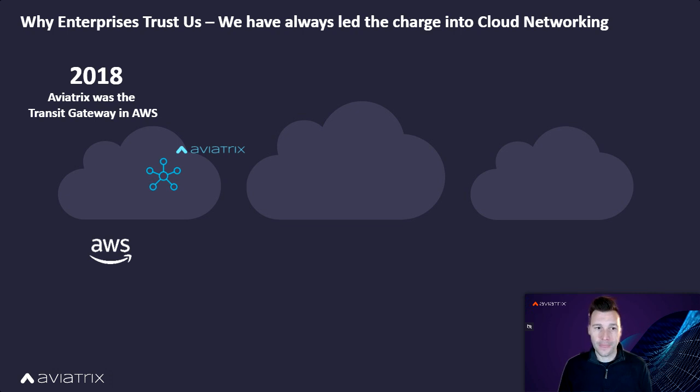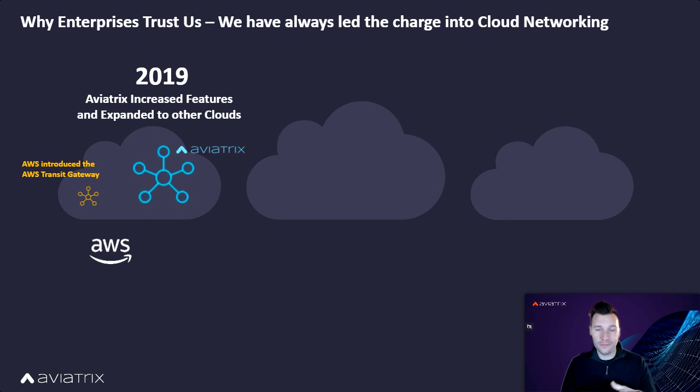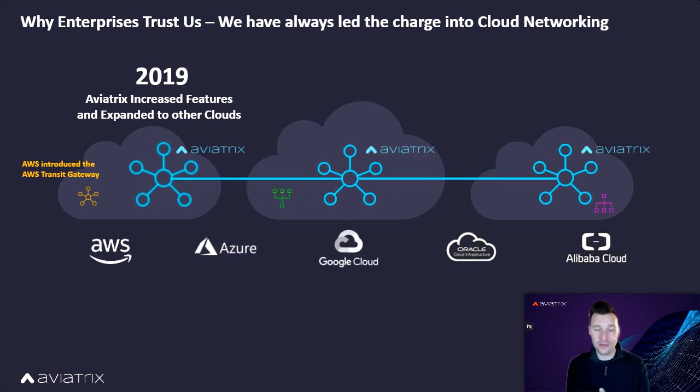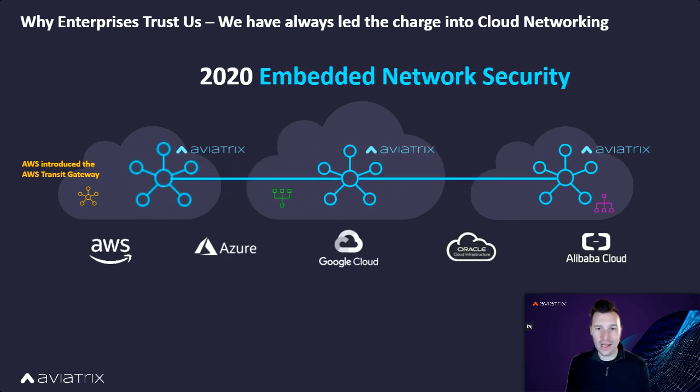In late 2018, early 2019, AWS decided they liked that so much, they created the AWS Transit Gateway. We felt honored and validated, even the name was the same. But at that point, we had already expanded our view of the world, so we had enabled the same functionality across Azure, GCP, OCI, Alibaba, et cetera.